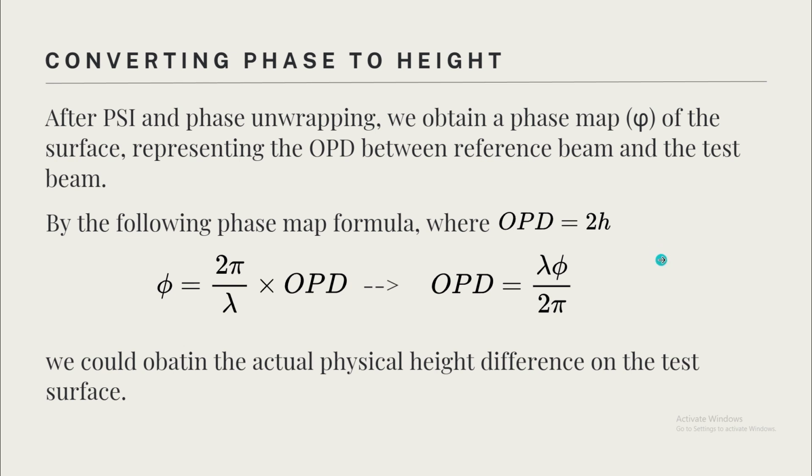This is because the beam travels down the path to the surface and back. And this optical path difference produces a phase shift of 2 pi over lambda times the OPD. And this implies that we can find the physical height difference if we have the phase.